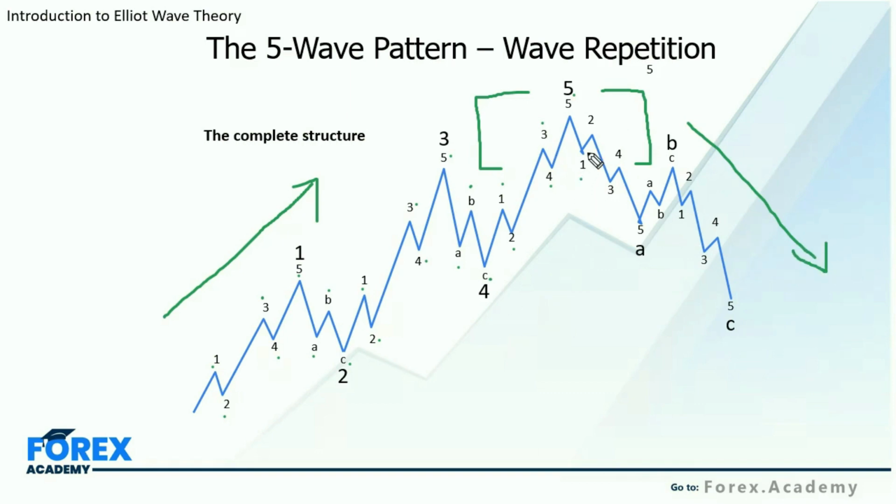So this time we're creating a 5-wave pattern to the downside, followed by, just to reiterate, a 3-wave corrective ABC pattern, and then that rolls in once more to an additional impulsive wave, but this time to the downside.